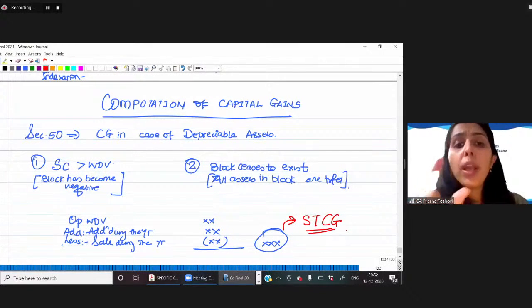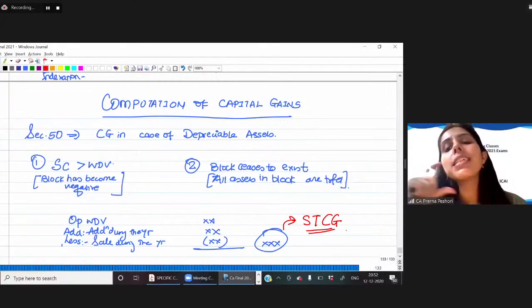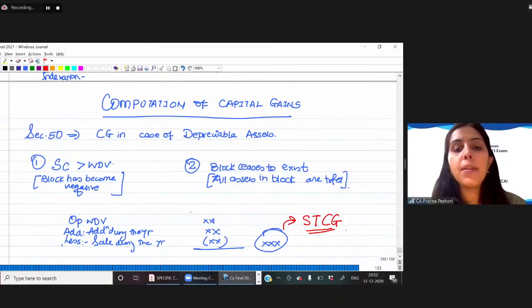So when will the capital gain on depreciable asset arise? When the sale consideration exceeds the WDV, meaning the block has become negative, or the block ceases to exist, all the assets in the block are transferred. In that particular case only, there will be capital gain. Say for example, this is 100, this is 150, and this will be say 300.